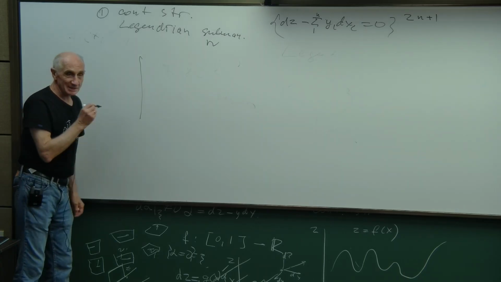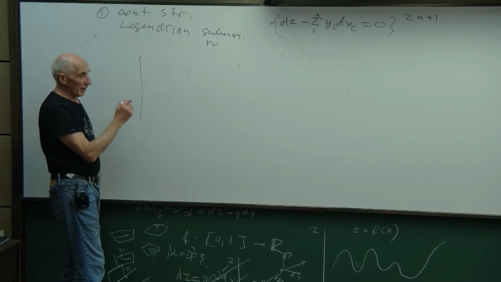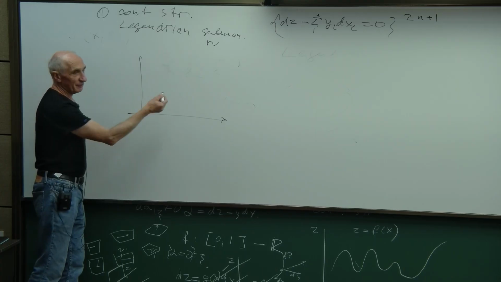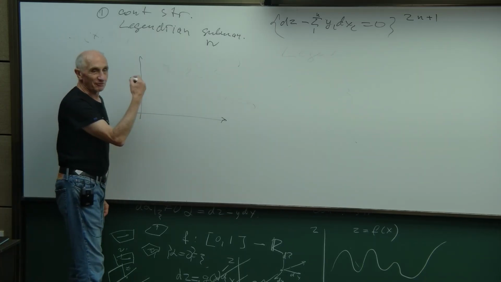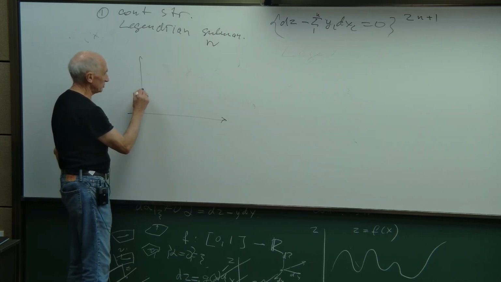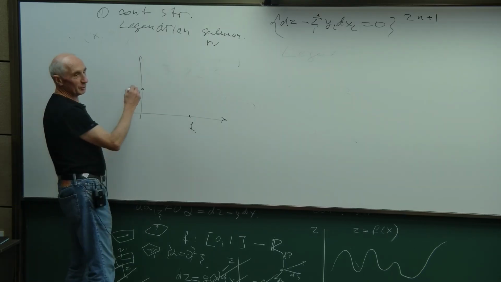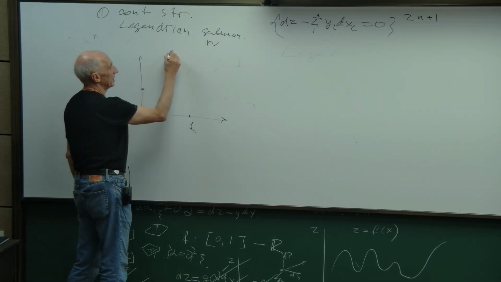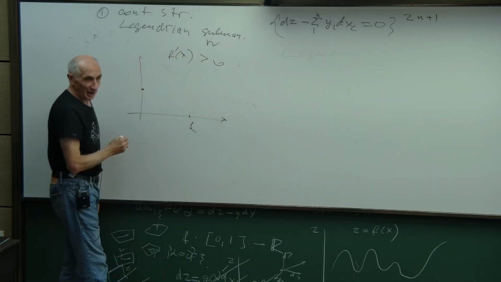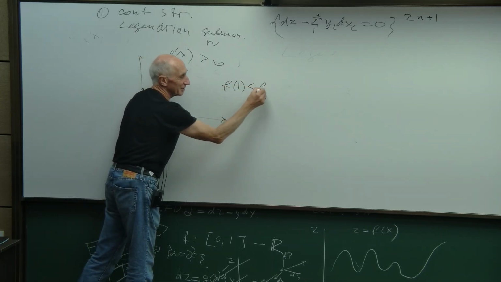Now let me ask the following question. Start with the following problem. Suppose I want to find a function on the interval [0, 1] such that the derivative of this function is positive everywhere, and such that the function at the point 1 is less than the function at the point 0.